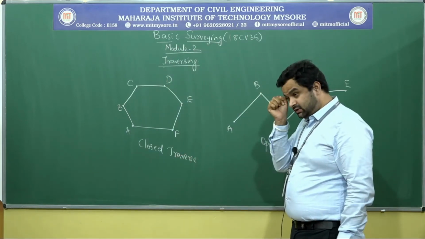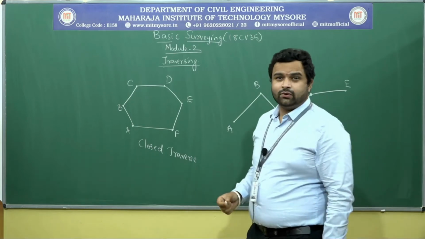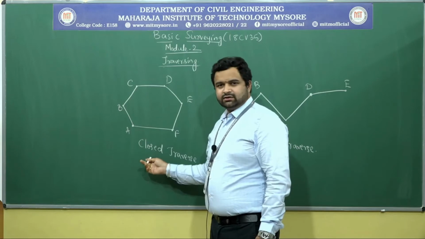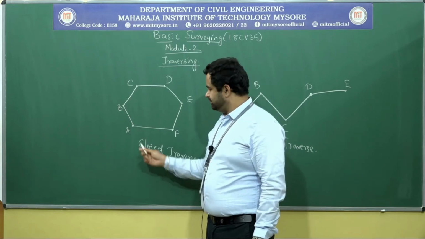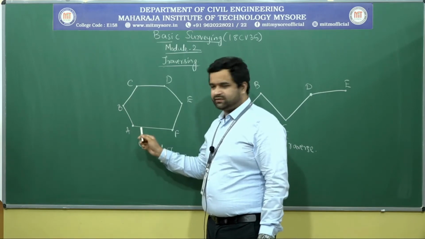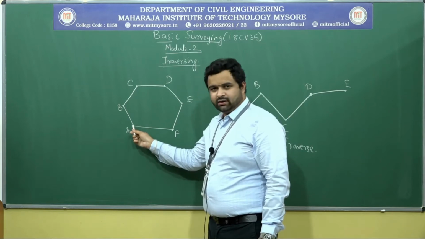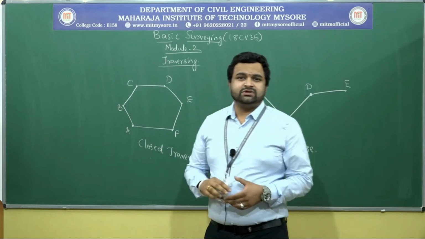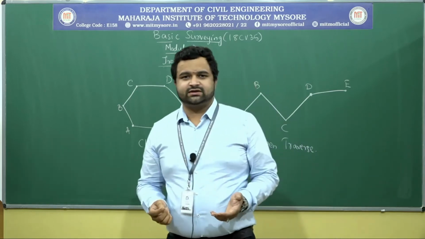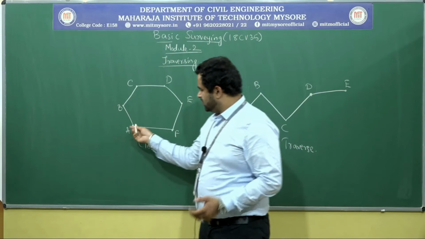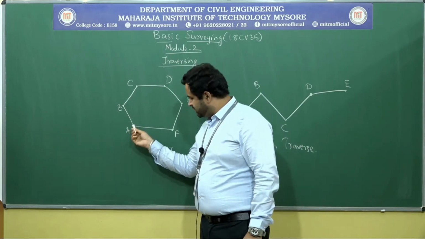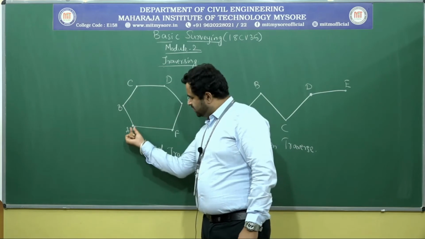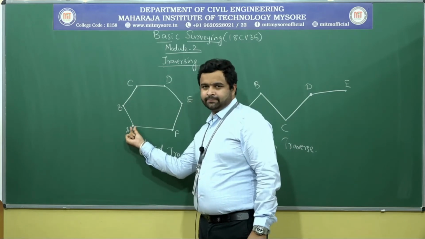Now, in this particular module, let us take this closed traverse as an example. In a closed traverse, if I start with point A, I should end at A. But due to some instrumental errors or some other errors, we do not arrive at A exactly, we may arrive somewhere nearer to A. So we will have some error.